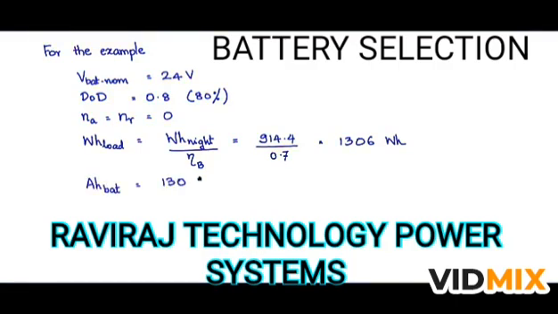The ampere hour of the battery can be calculated as 1306 watt hours by 0.8 depth of discharge into 24 volts as the battery nominal voltage, and this comes out to be 68 ampere hours. And we have seen earlier that the load current maximum is around 6 amps under non-overlap conditions, and the load current average is around 2.65 amps.